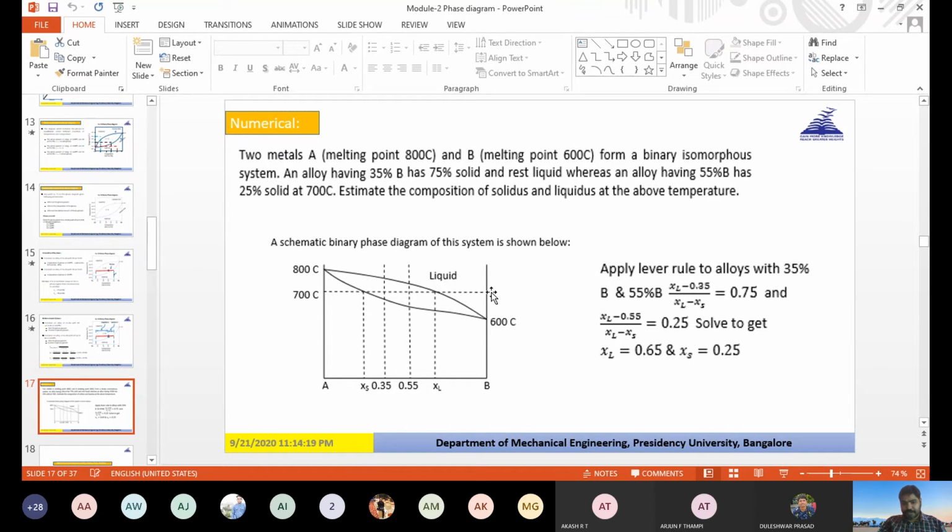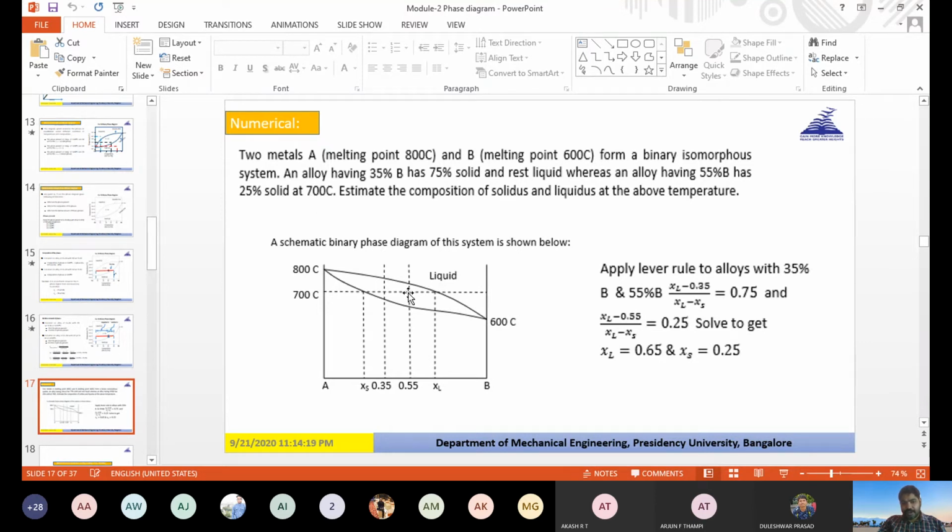So at this point we are having solid plus liquid. For this 35% alloy, we are having 75% solid and the rest liquid, meaning 25% liquid. Now another alloy having 55% B, at the same temperature, has 25% solid.